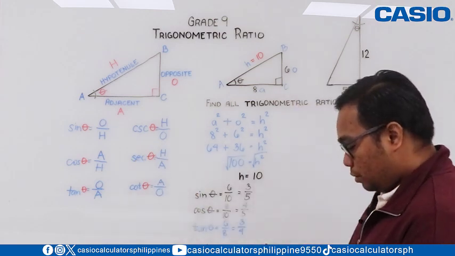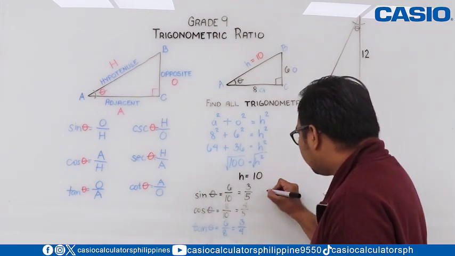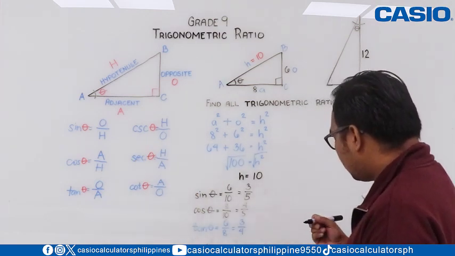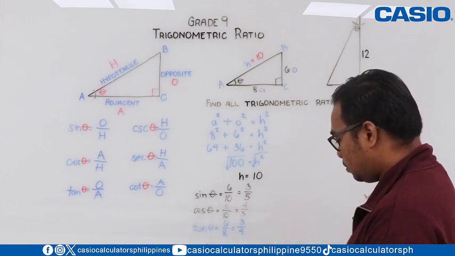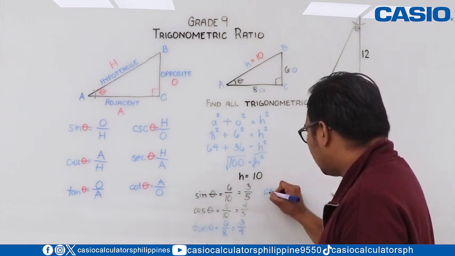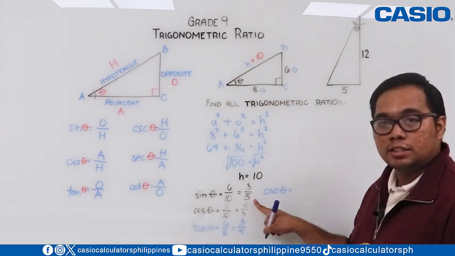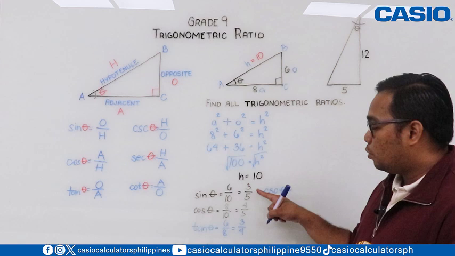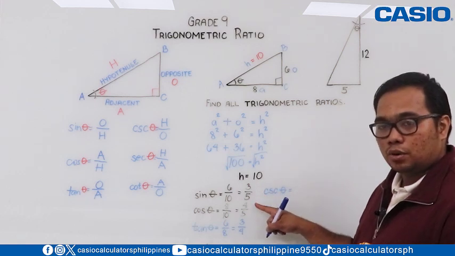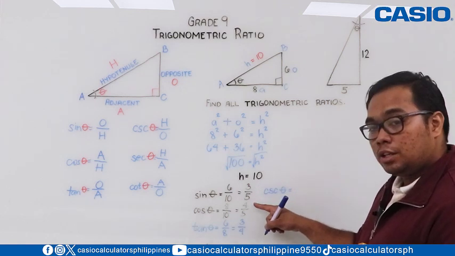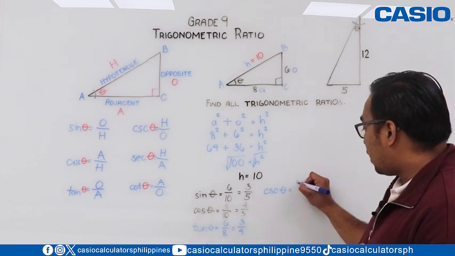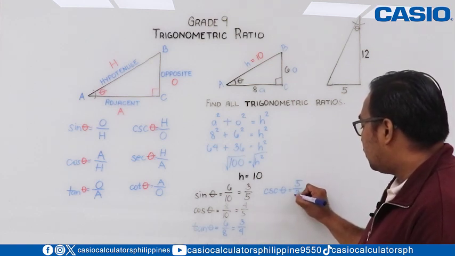So let's go with our cosecant theta. Since cosecant theta is the reciprocal of sine theta, we can just simply get the reciprocal of sine. From 3 over 5, we can get 5 over 3.